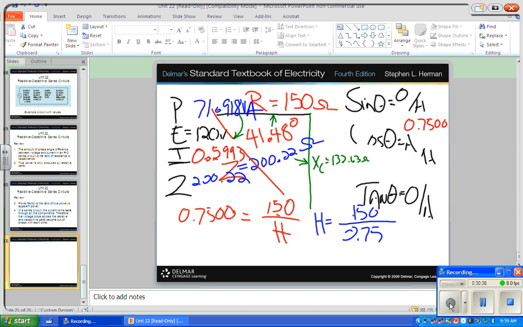That's how much apparent power we're making. We're pulling in that amount of power, because if we've got 120 volts, and we're flowing 0.5993 amps, we're pulling in 71.918.